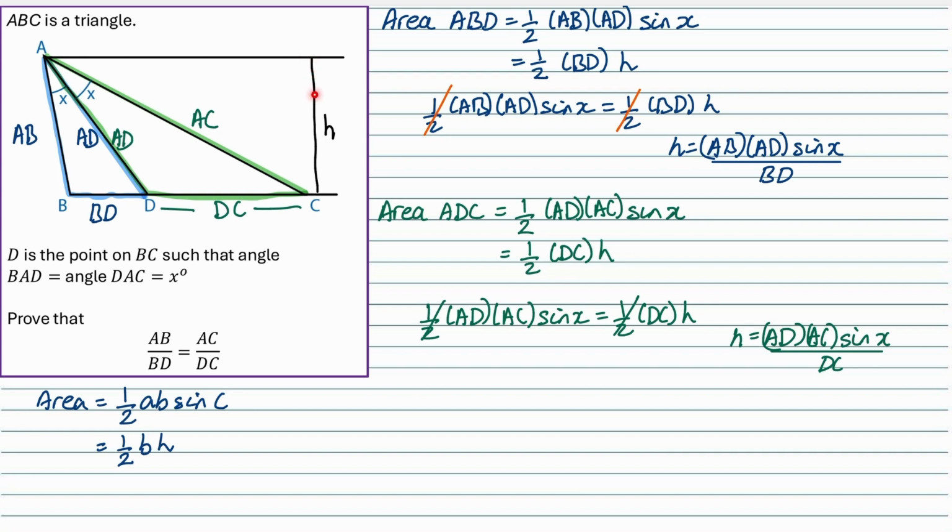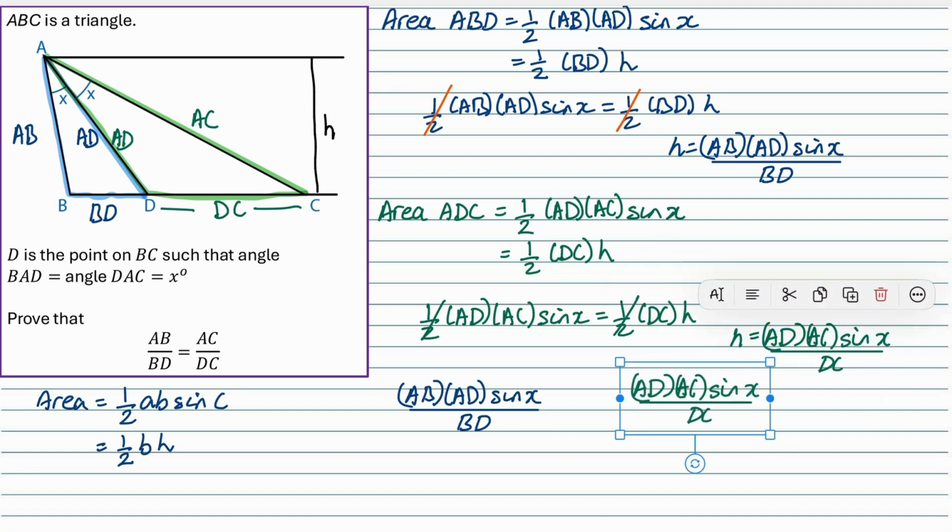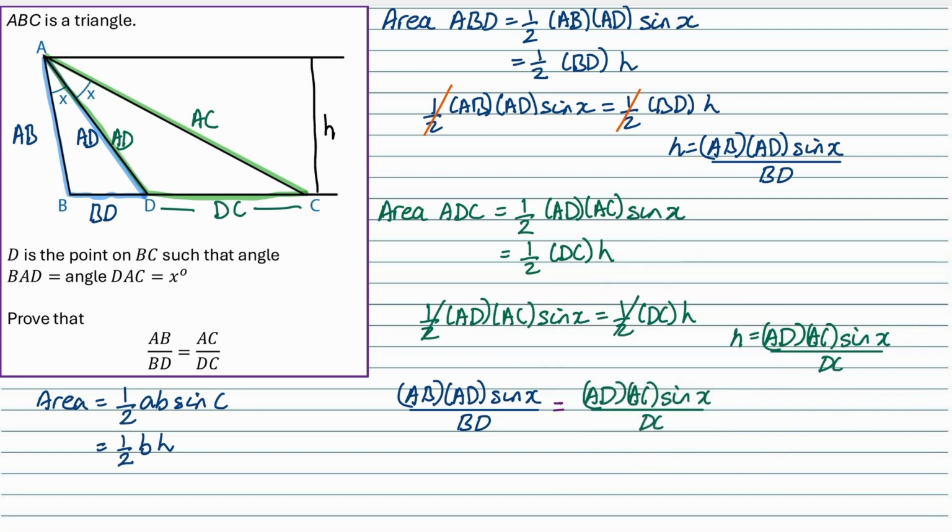Now we know the perpendicular height is the same for both triangles, so this equation must be equal to this one. So if I copy this, and set it equal to this one, then can you see what we can do next?